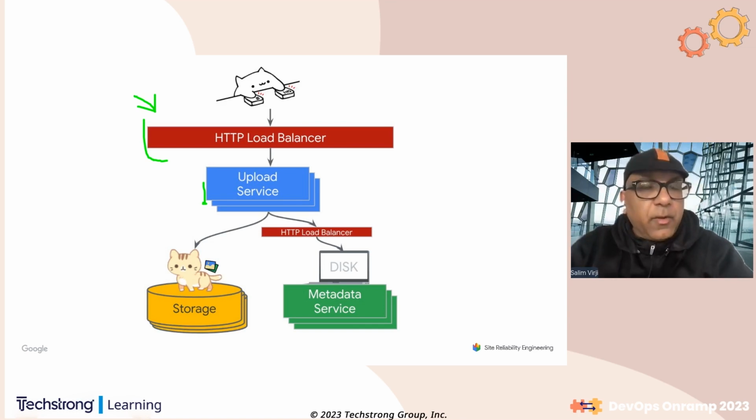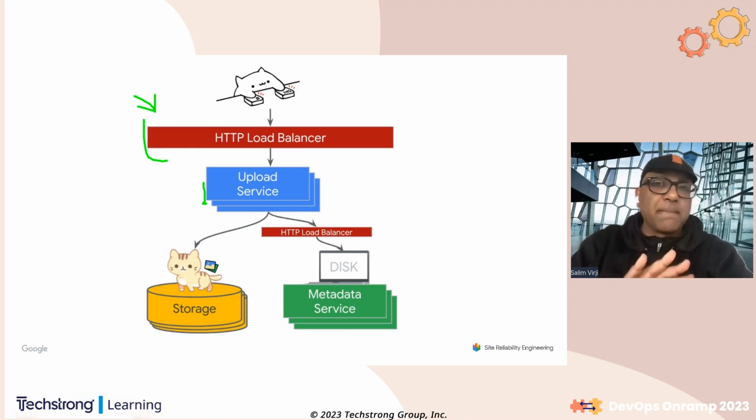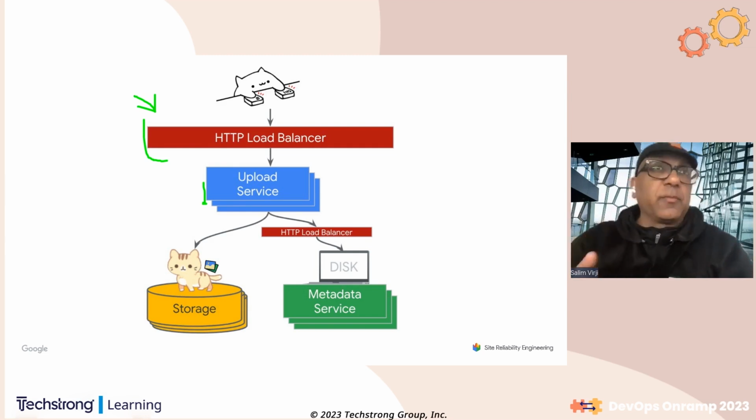The load balancer also provides a benefit for the upload service, because the upload service can send multiple identical sub-requests to the metadata service, take whichever response comes back first, and discard or short circuit the other requests. And this, at first blush, might sound like a terrible use of resources, because you're essentially generating multiple identical requests.